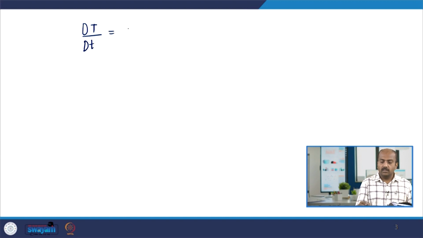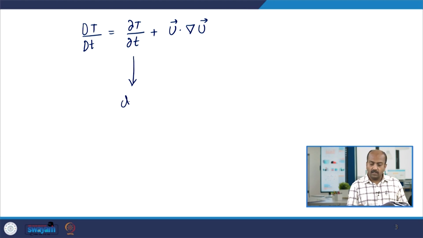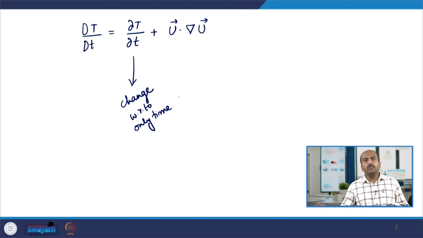So, dT by dt is dou T by dou t plus u dot del T. So, this term is the change with respect to only time. Dou T by dou t is telling you the change only with respect to time, nothing else.